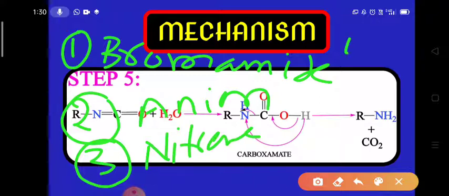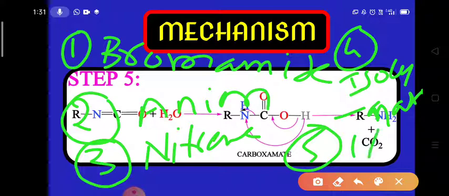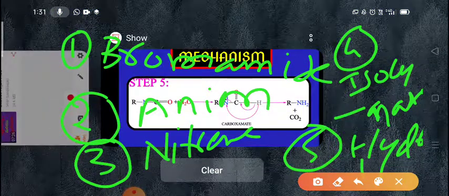In the fourth step, rearrangement takes place and we get the isocyanate. And in the fifth step, the isocyanate undergoes hydrolysis. So like that, we can divide the reaction into 5 steps.